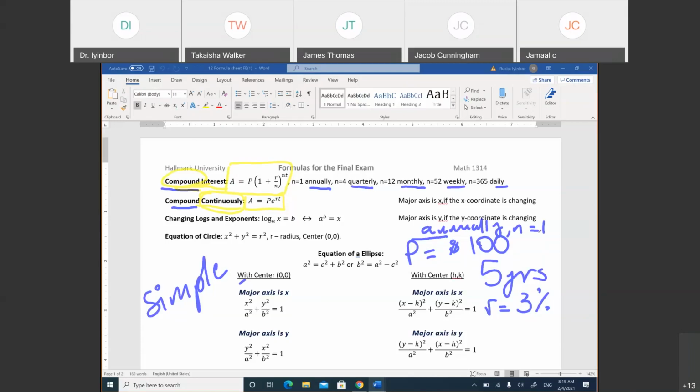If you compound monthly, you're going to get more money at the end of the 5 years than if you use annually, for example. So if you compound more often, you get a better return, more money at the end of the 5 years. Does everybody understand the concept? Any questions so far?